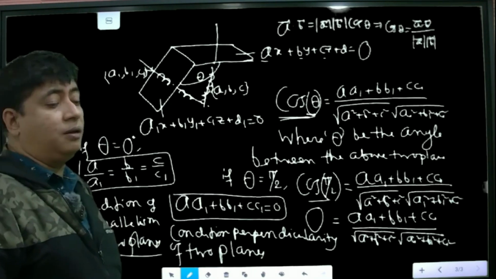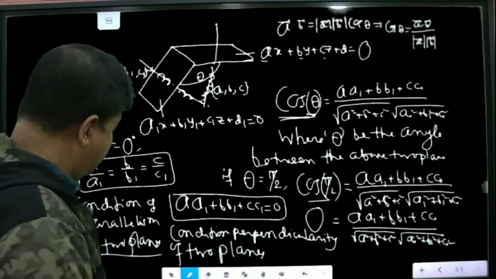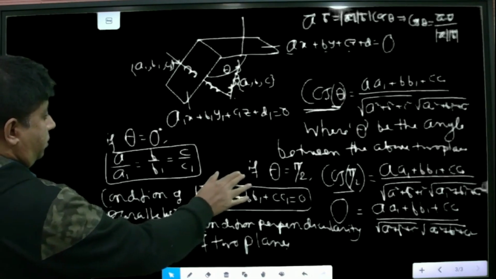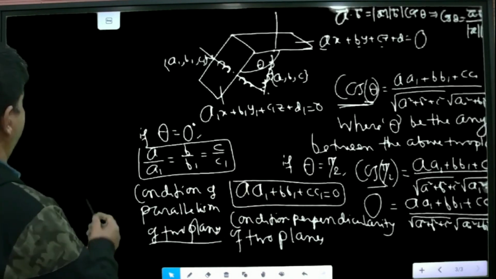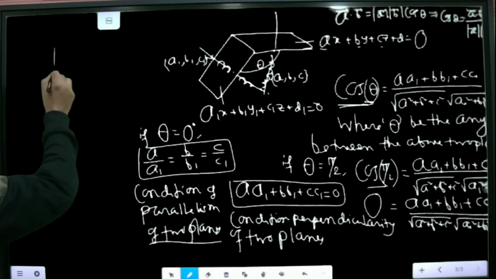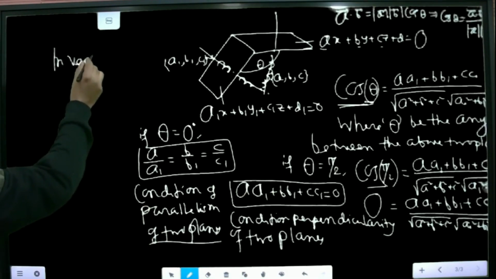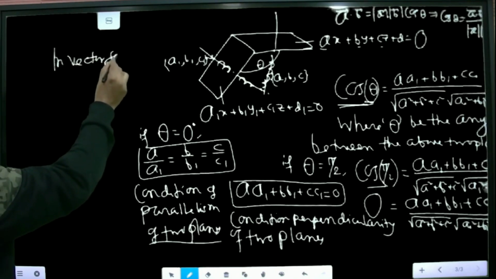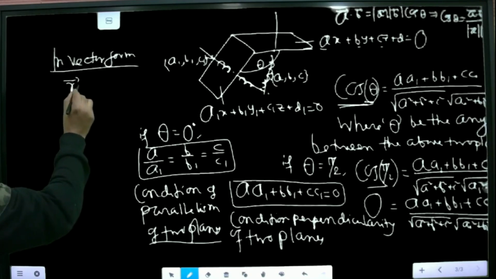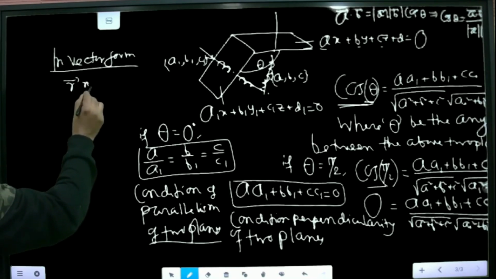Now, in case of vector, how do we find the angle? See, in vector form, two planes are like this.